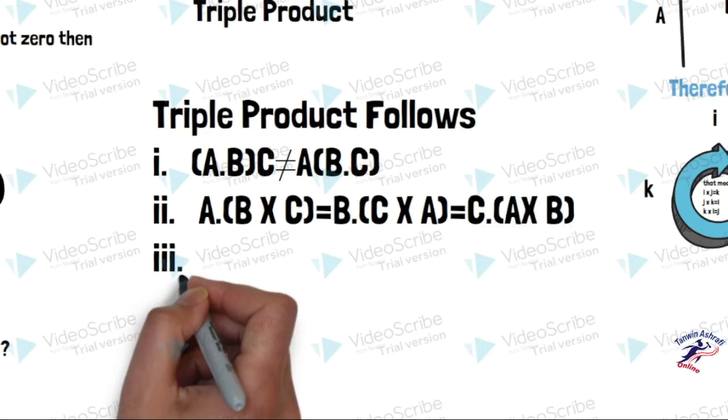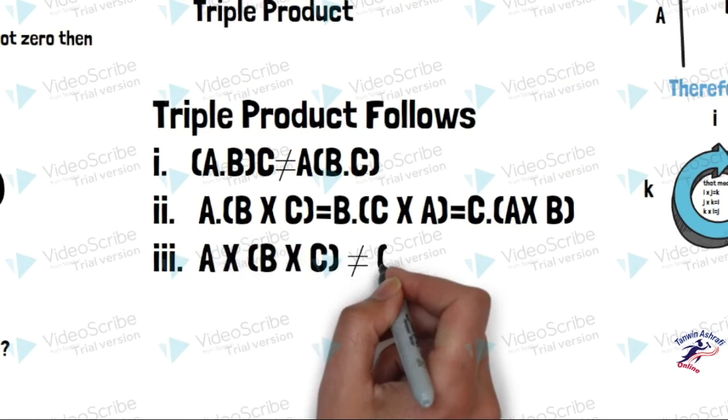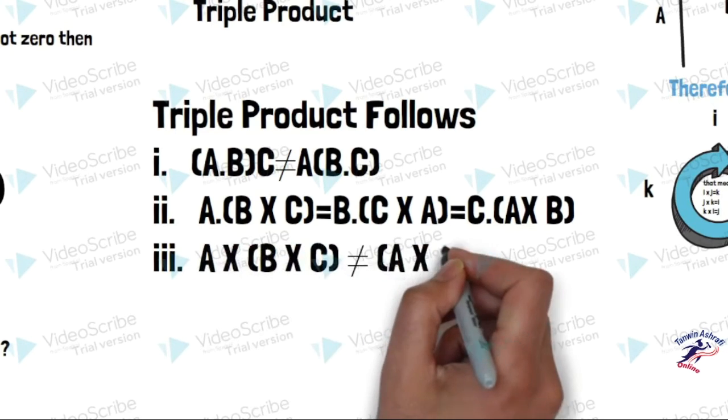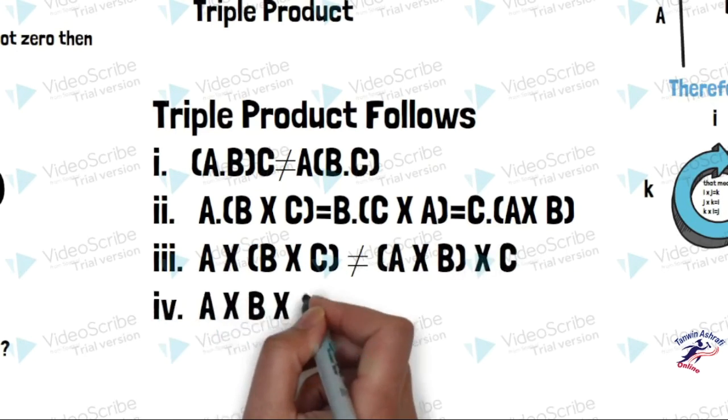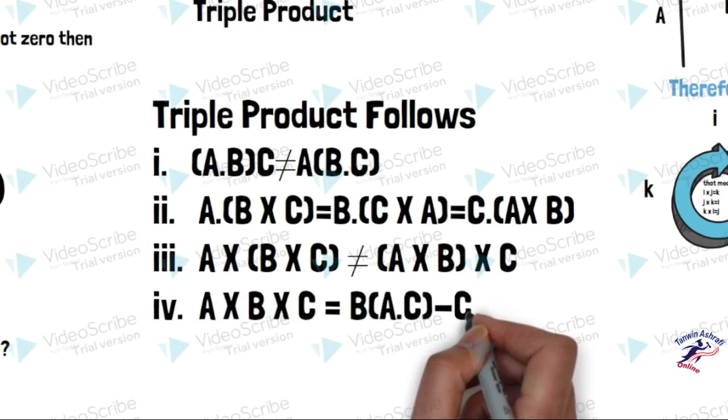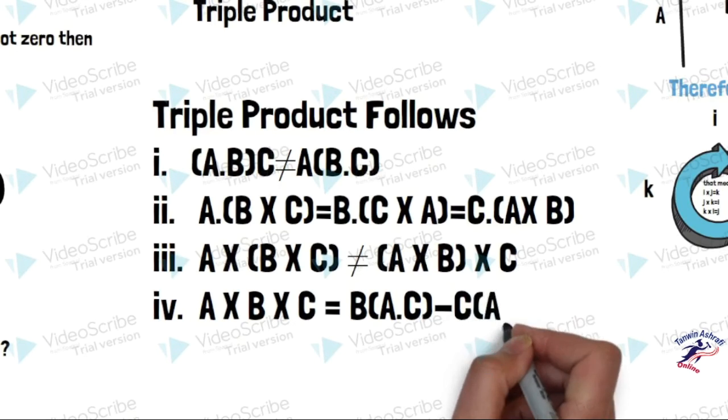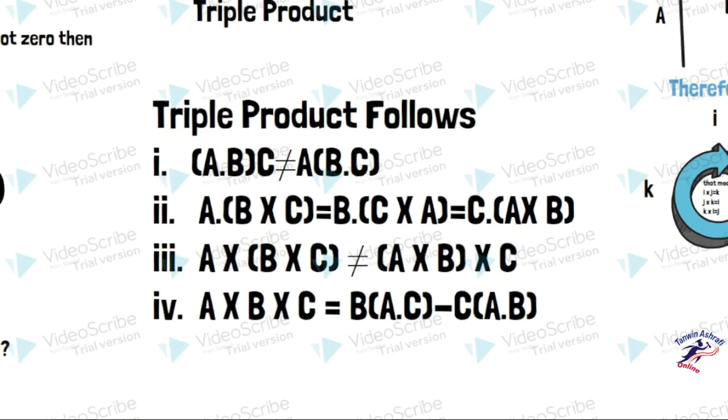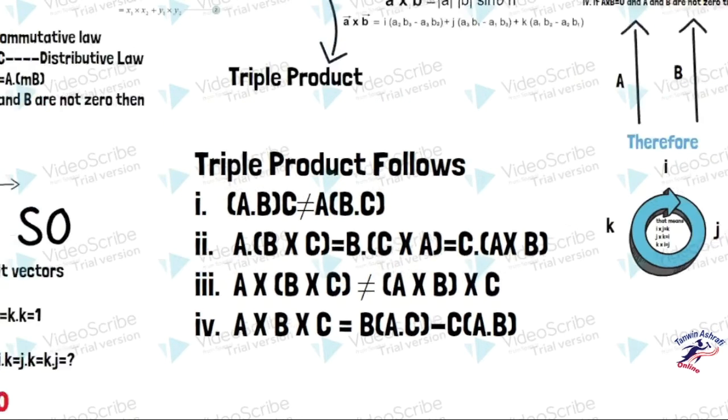If you can see, they are cycling A, B, C. And third law, (A cross B) cross C is actually not equal to A cross (B cross C), as the parentheses change, but the famous law A cross (B cross C) is equal to B(A dot C) minus C(A dot B), and is also known as the BAC minus CAB law.